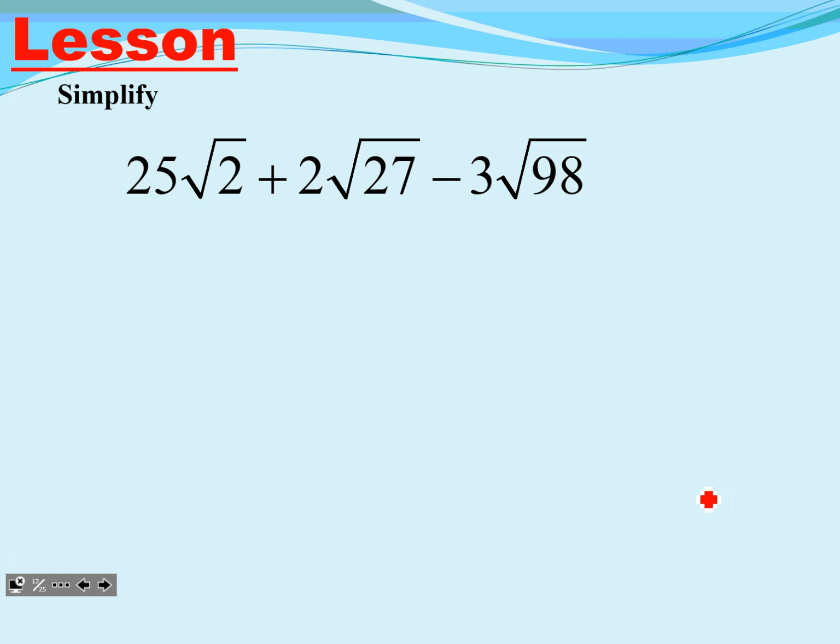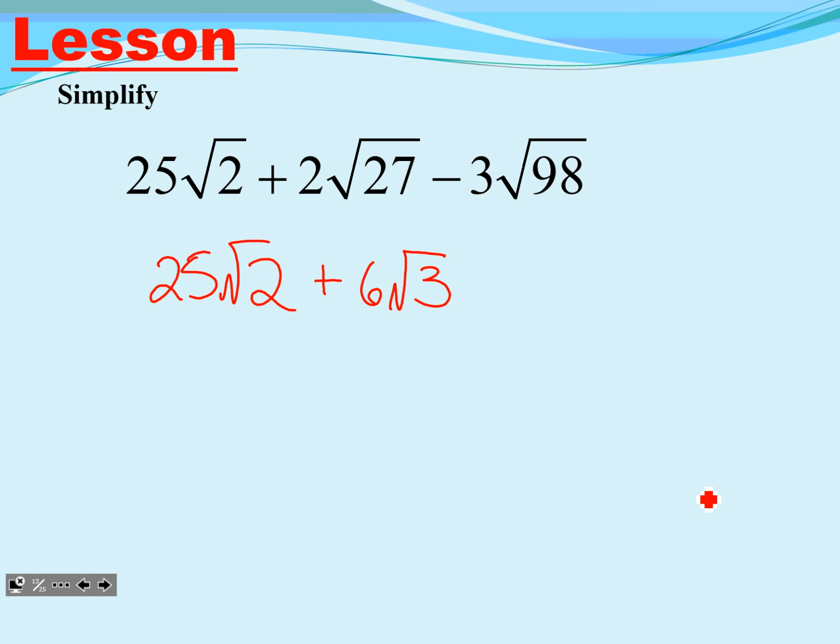25 root 2 is already in simplest form. I could definitely simplify 2 root 27. That becomes eventually 6 root 3. And then 3 root 98. Well, I should know that 98 is equal to 49 times 2.